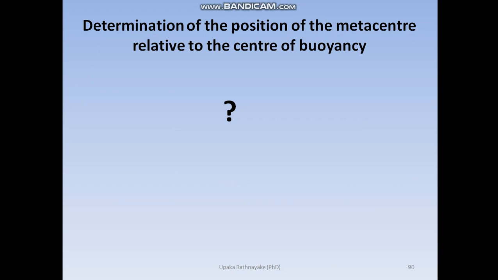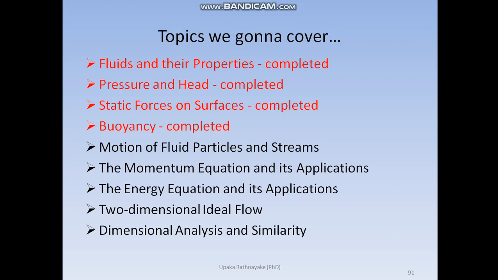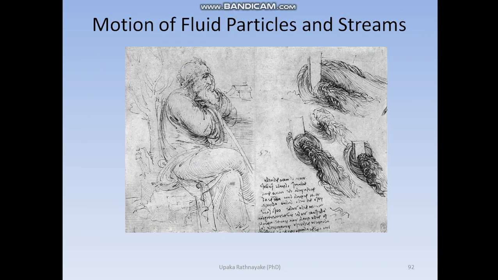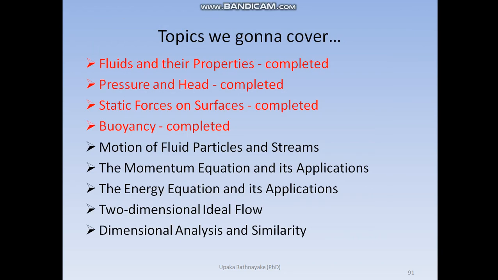Now this I is the second moment of area of the floating surface. Volume is the submerged volume. Next time, we'll be looking at the motion of fluid particles and streams.